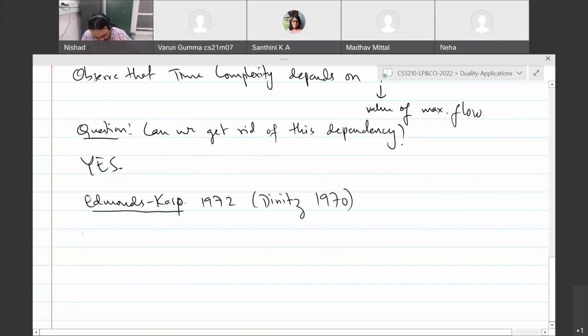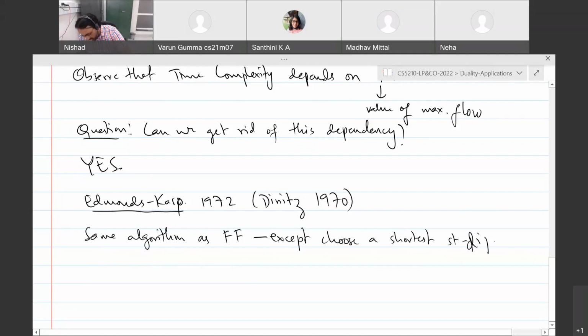It's the same as Ford-Fulkerson, except that you choose a shortest ST-dipath at each step in the auxiliary digraph.